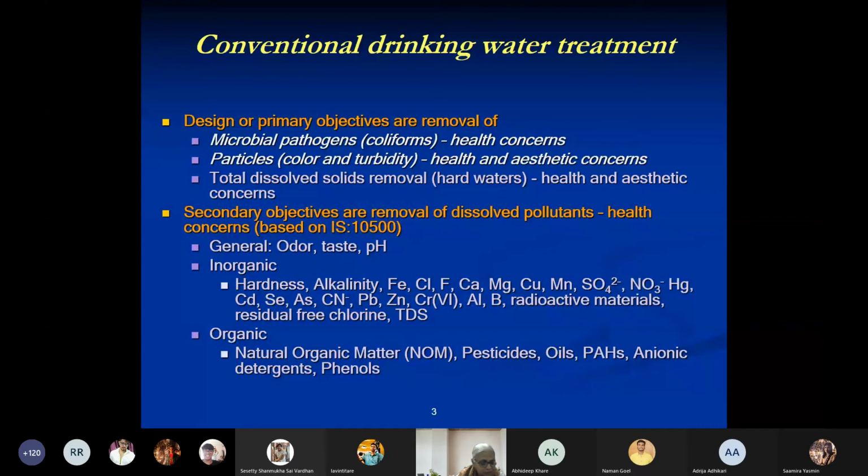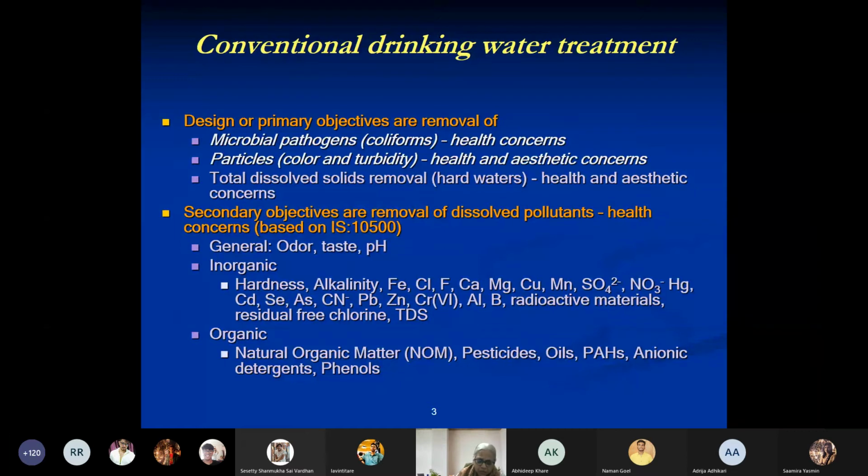Then we come to pesticides. Pesticides are synthetic organic compounds, so SOCs or pesticides are another example. Oil, PAHs. PAHs stand for polycyclic aromatic hydrocarbons, and they come from both natural as well as anthropogenic sources. Then you have anionic detergents and phenols.